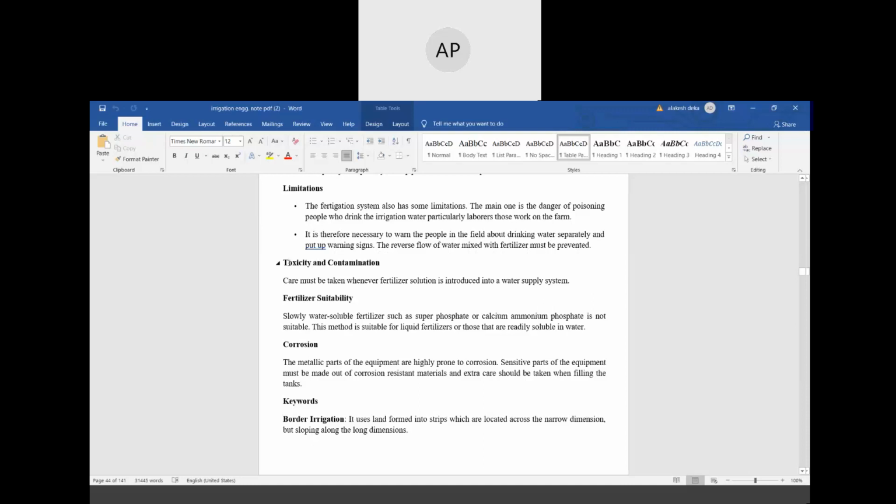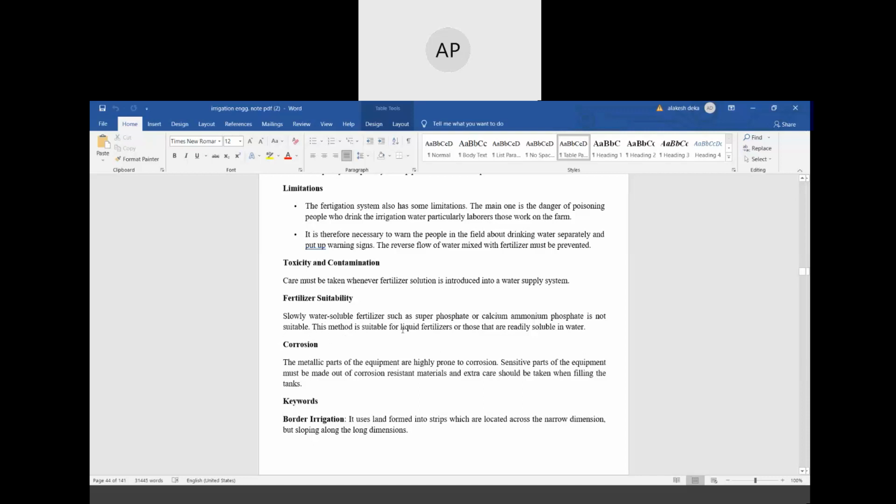Next is toxicity and contamination. Care must be taken whenever you apply fertilizer to the water supply system. And fertilizer suitability: slowly water soluble fertilizers such as superphosphate or calcium ammonium phosphate are not suitable because they are slowly soluble.